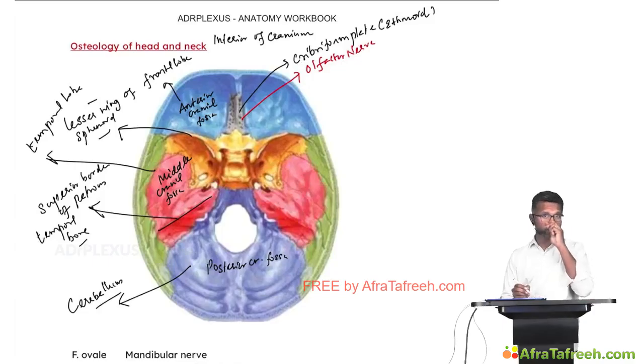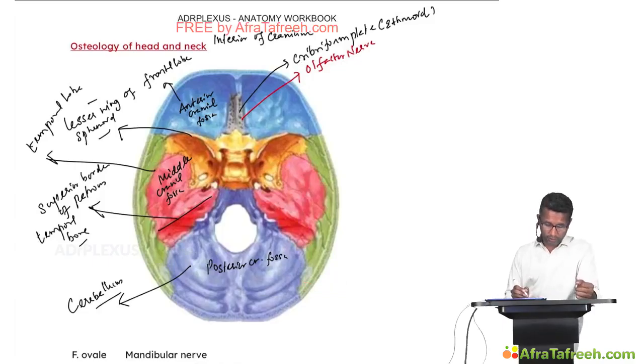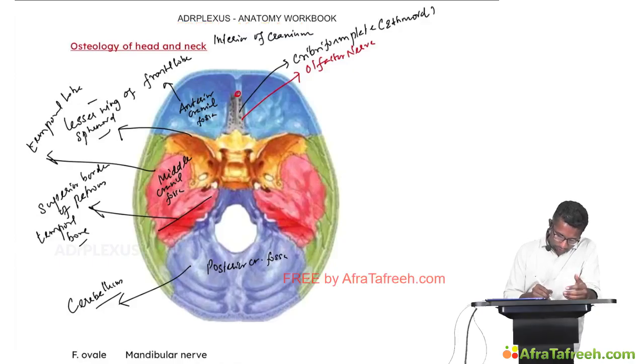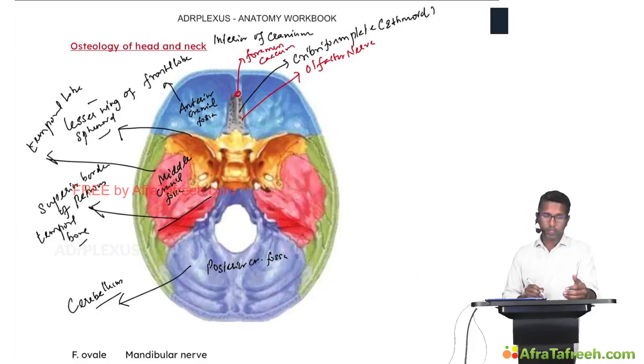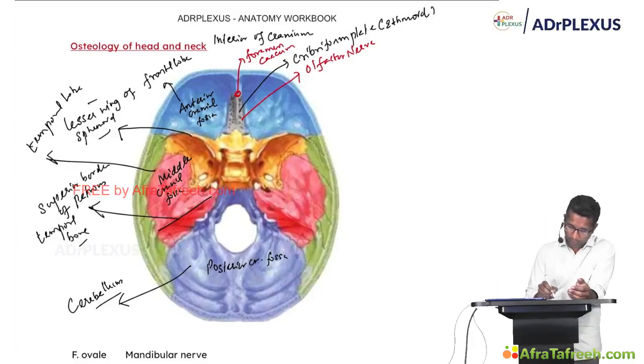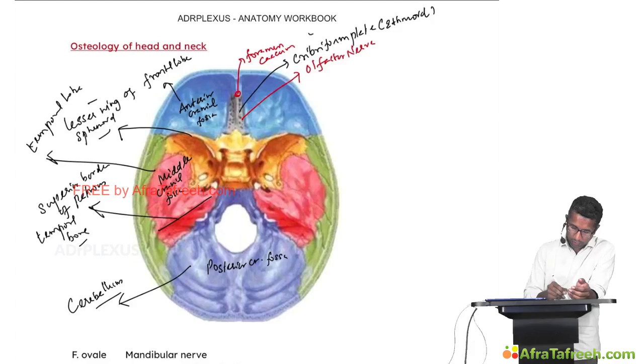Just in front of the cribriform plate, you get an opening here. This opening is called the foramen cecum. Let us see what structure passes through the foramen cecum.